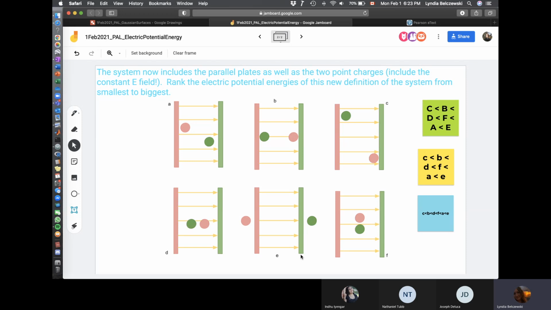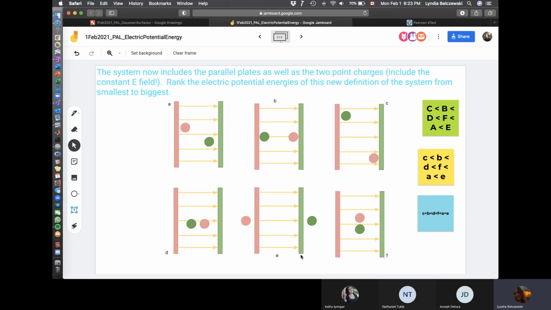But if you remember when we were learning about capacitors and parallel charged plates in the first place, we said that the electric field due to a charged plate is uniform. And we're assuming our charged plates here, our capacitor here, is infinite, so we don't have to worry about any weird things happening around the edges.